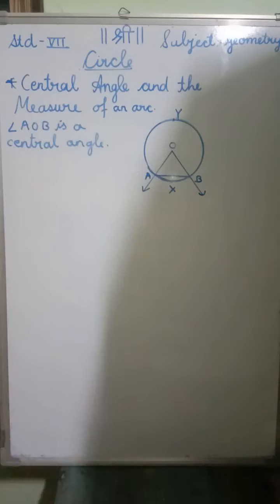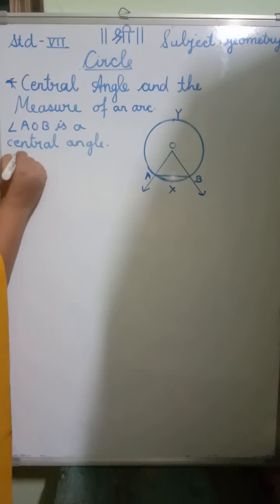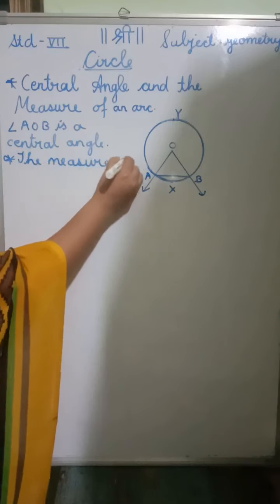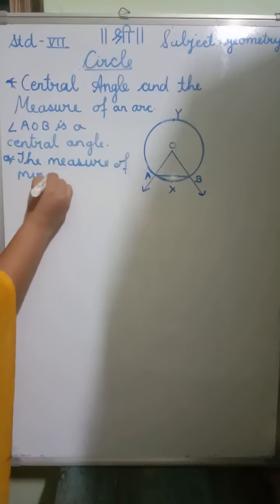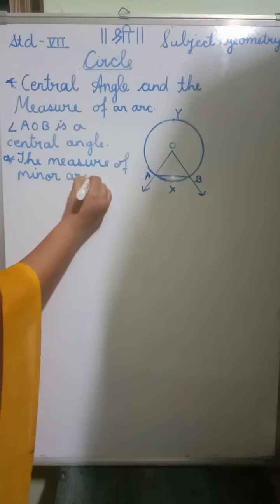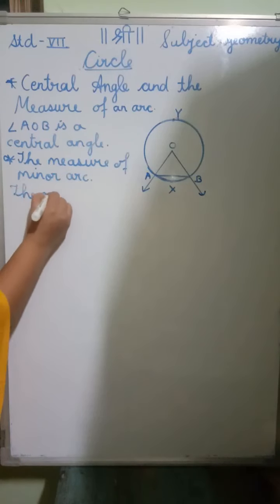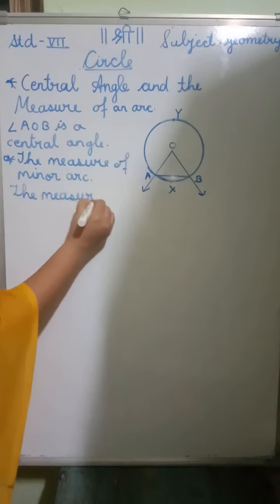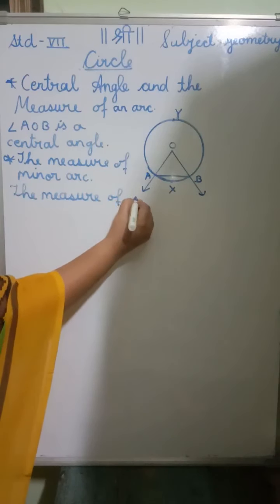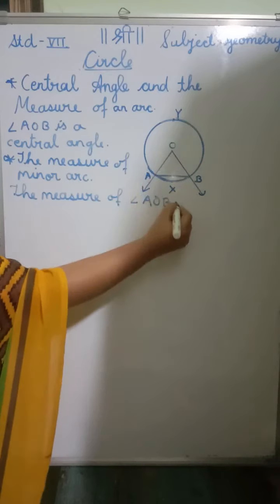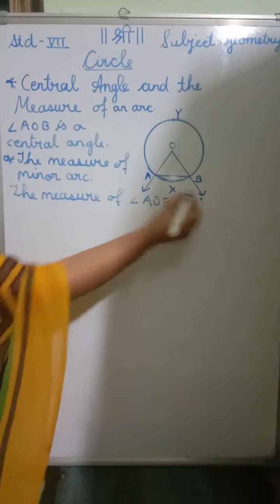So, first we will learn to find the measure of a minor arc. For that, we'll suppose the measure of angle AOB is equal to 70 degrees.